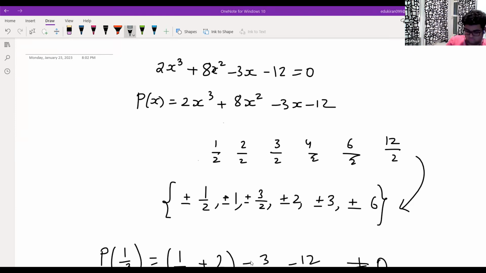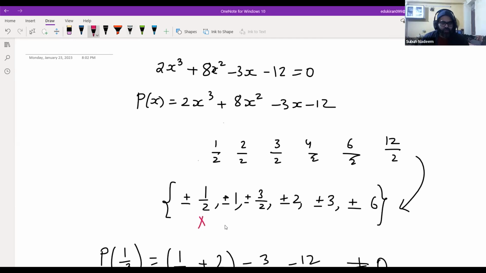Minus 2 and then plus 8 and then plus 3. So you can say this is also not a root.